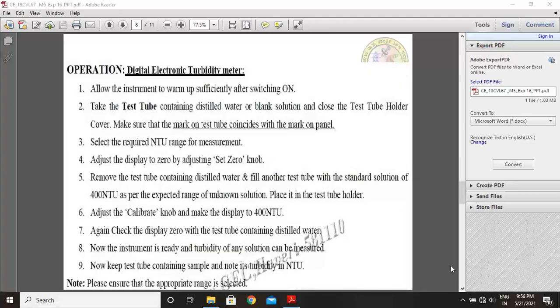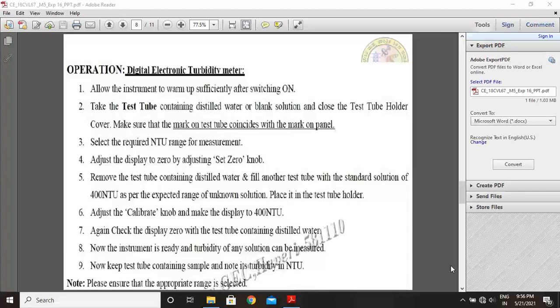Now operations. How to operate the instrument, that is the digital electronic turbidity meter. First step, allow the instrument to warm up sufficiently after switching on. Take the test tube containing distilled water or blank solution and close the test tube holder cover.